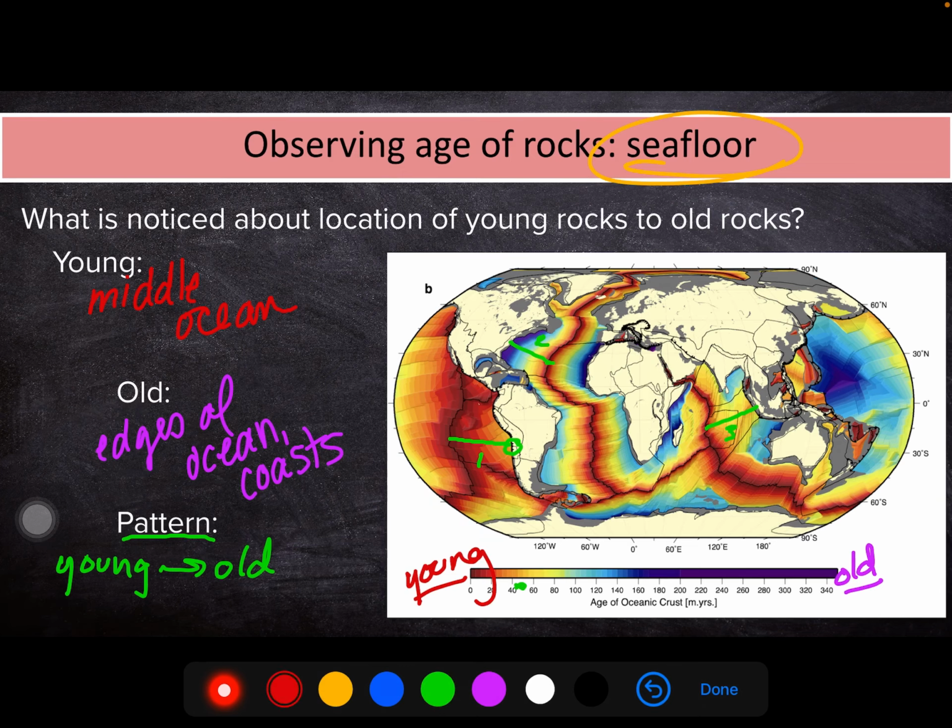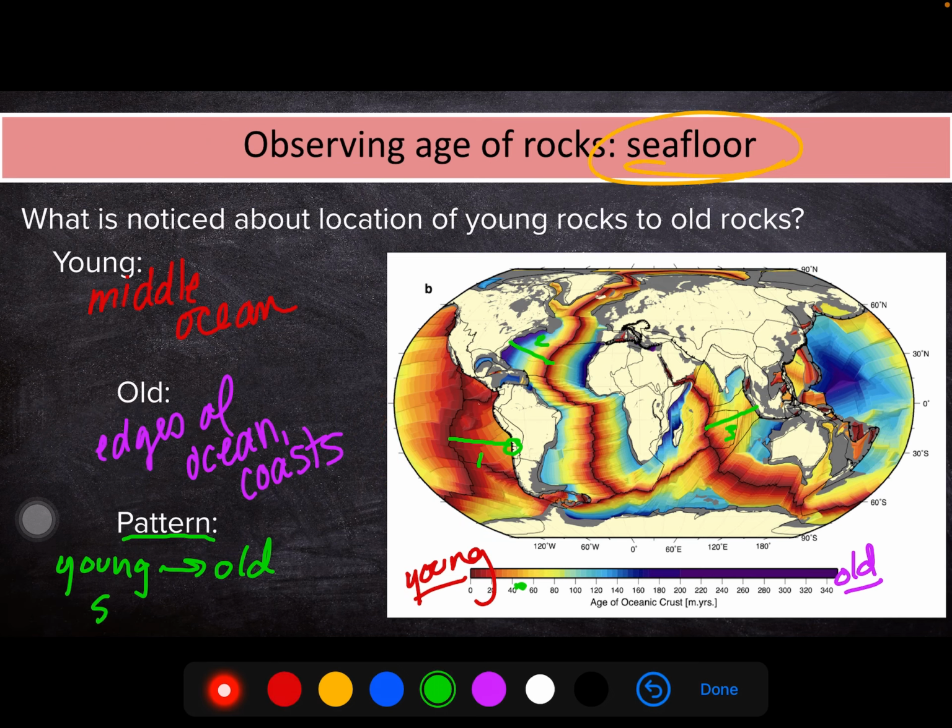I don't ever see a spot where I have, let's say, red stripes, for example, where it alternates young, old across the ocean. I'm seeing a consistent flow of young to old, maybe varying in how old the rocks get, but still young to old.